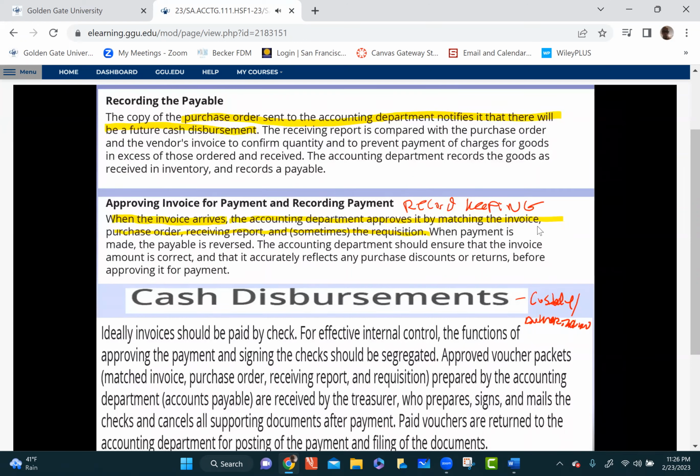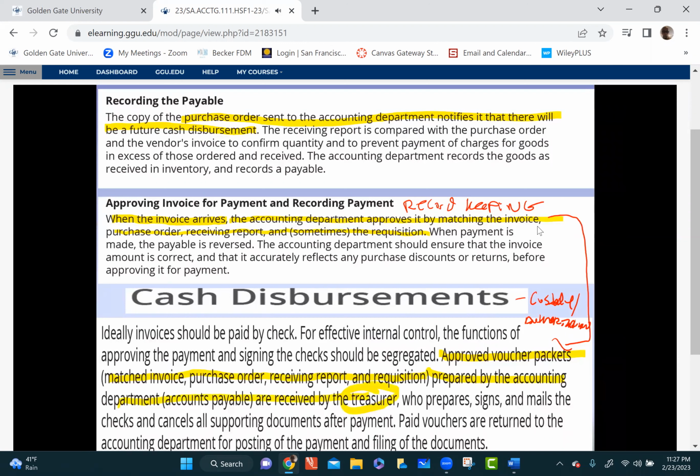Now they come down here and we say that there'll be an approved invoice. That approved invoice now is going to come down, and it's going to include the matched invoices, the purchase order, the receiving report, the requisition that the accounting department prepared and sent down, and it is received by the treasurer.